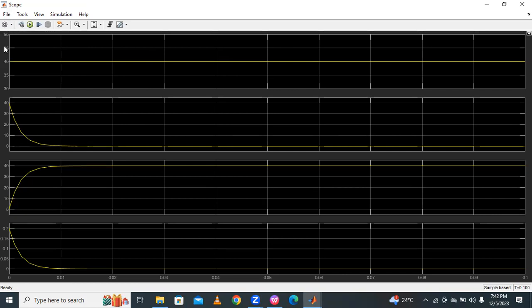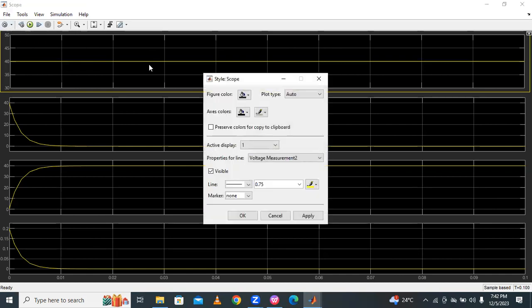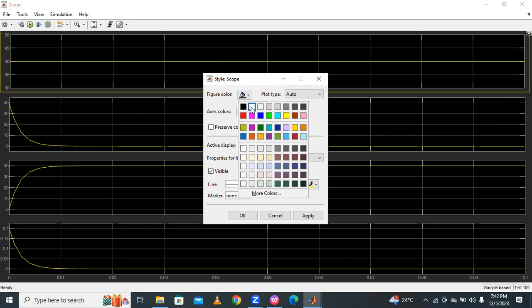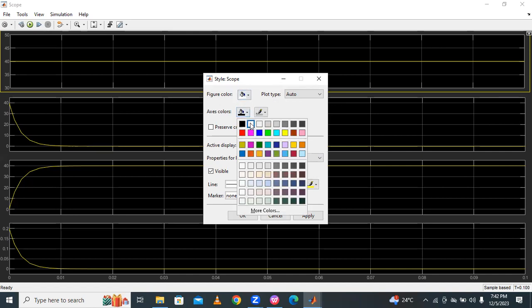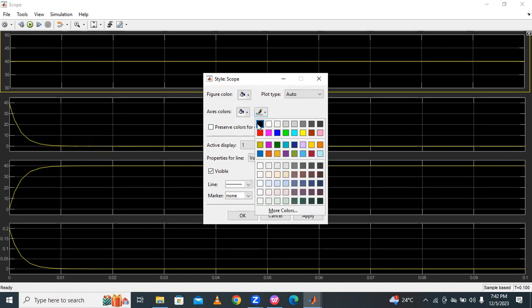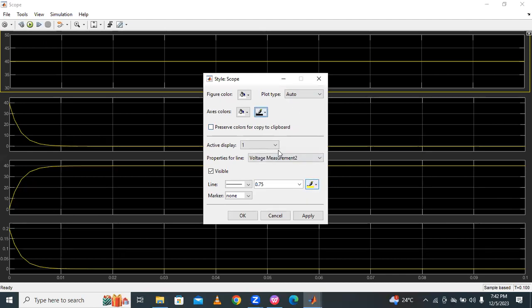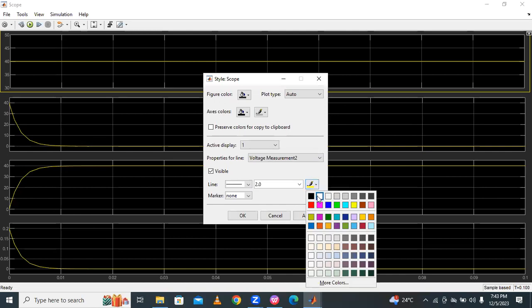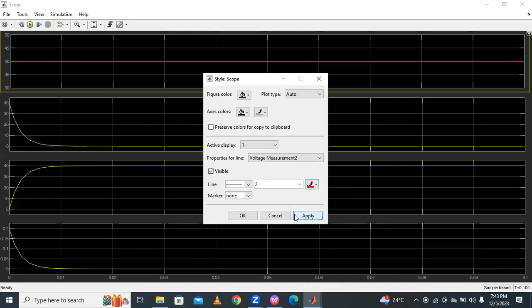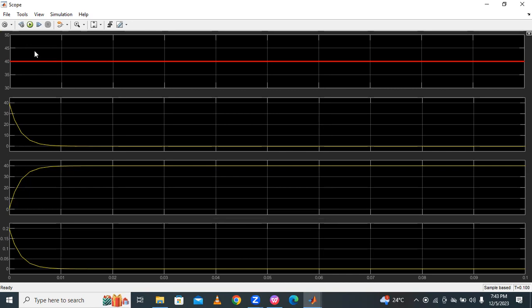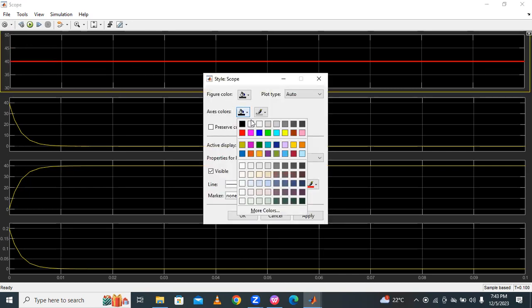Change the layout like this: background color, figure color white, axis color white, text color black. Active display 1, voltage measurement, change the thickness, and the color is red. Then apply. Okay, and change this also, just white color.